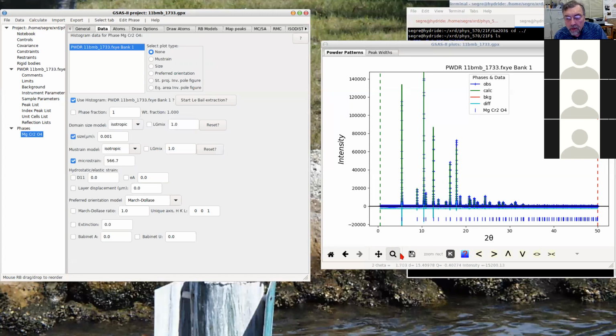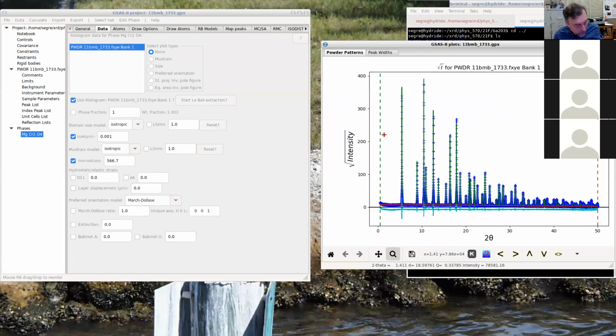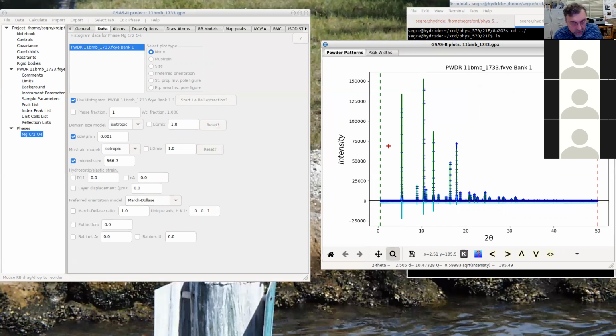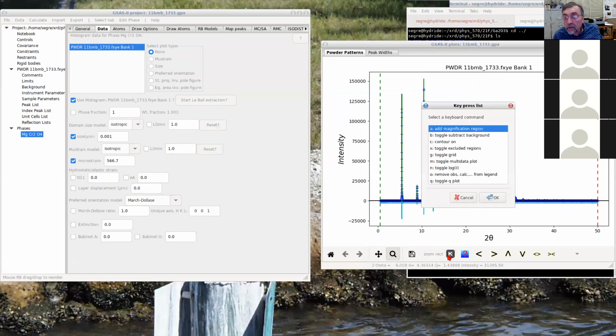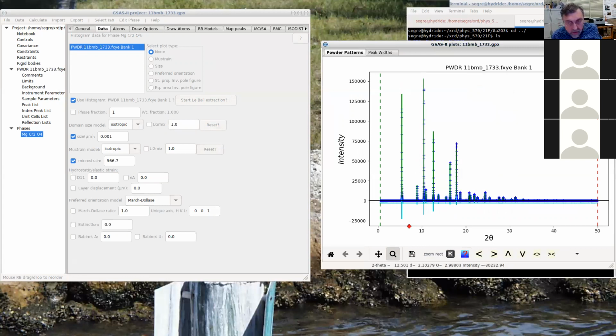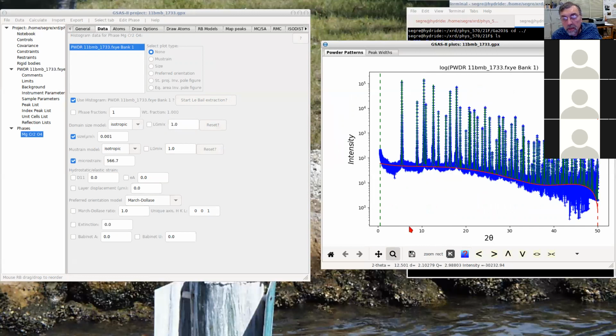Okay, so I can look at this in a square root plot, which can be helpful, by typing S, or a log plot. Let's see, log is N. So if I type N, it'll go to log plot.